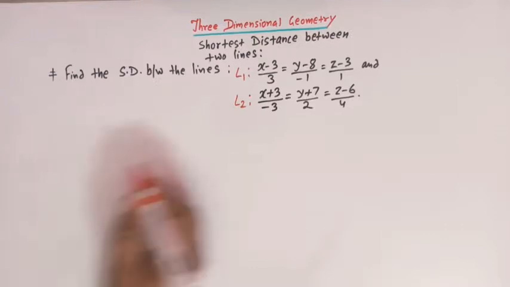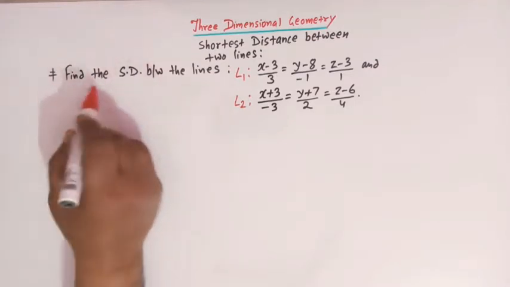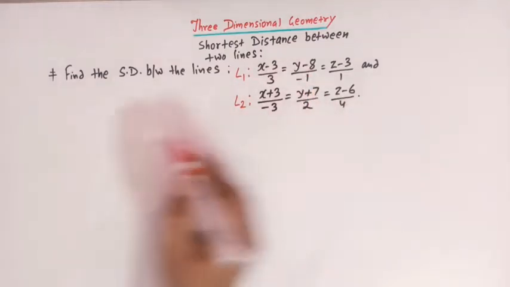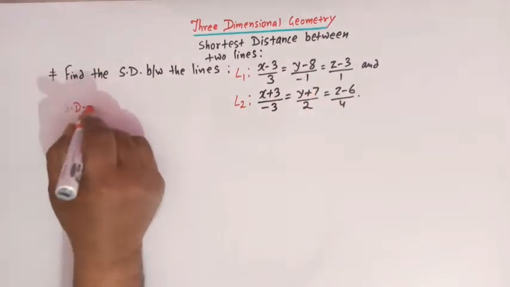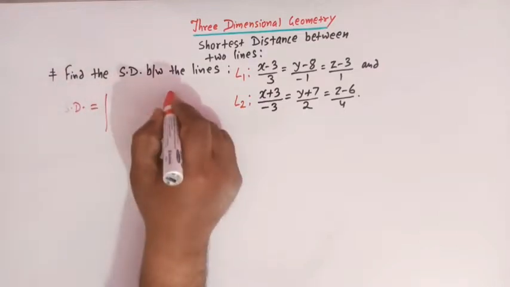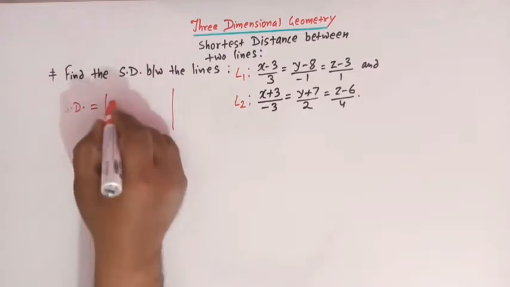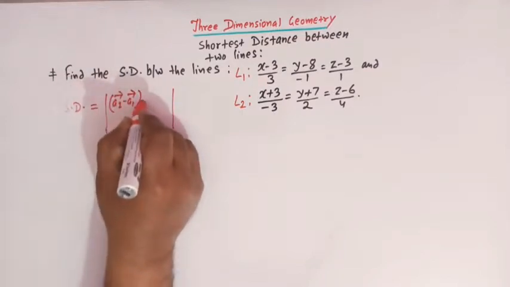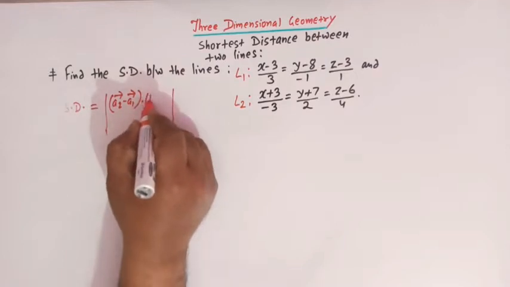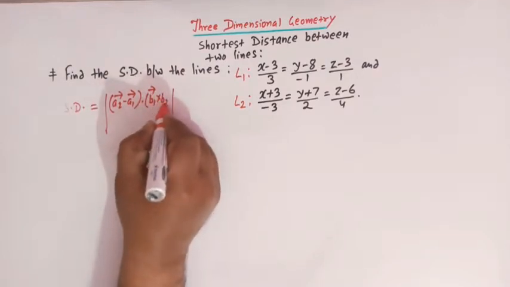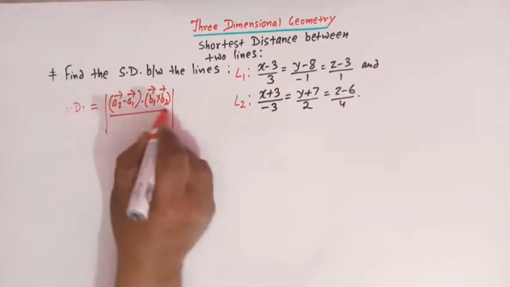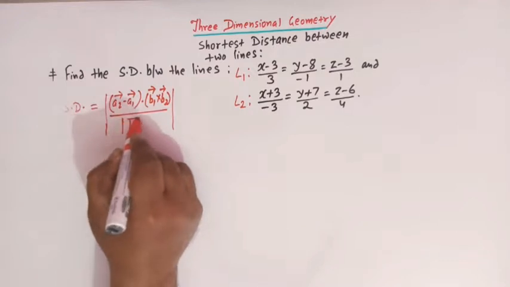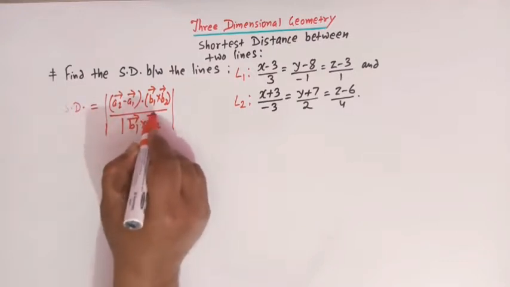The formula used to find the shortest distance between two lines is given by this expression: the absolute value of (vector a2 minus a1) dot (b1 cross b2), divided by the magnitude of b1 cross b2.